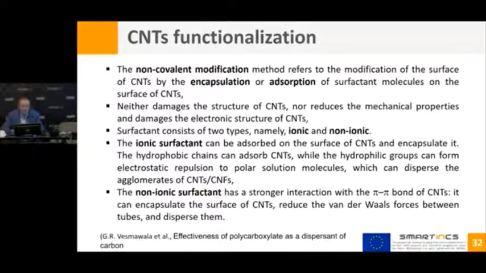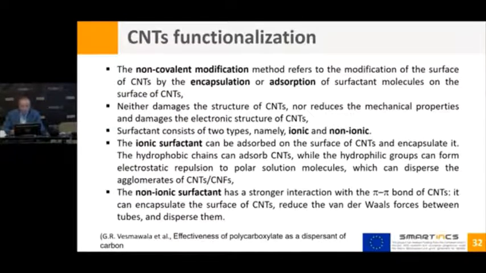Usually the surfactants have a hydrophobic part which is adsorbed onto the carbon nanotube, and on the other end of these molecules there is a hydrophilic group which, of course, facilitates the dispersion into water. And these systems can be used not only on carbon nanotubes but carbon fibers.